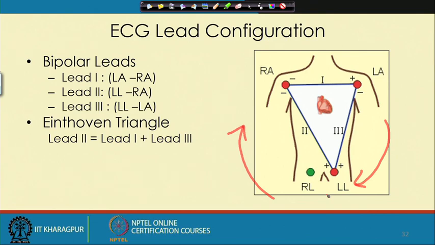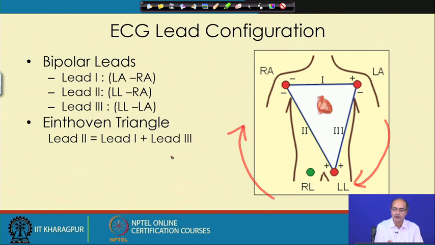So, under the influence of this rotating electric field, all these leads can give some signal, and if we vectorially add them, then we find that lead 1 plus lead 2... lead 1 plus lead 3 means the signals from left arm to right arm and left arm to left leg.